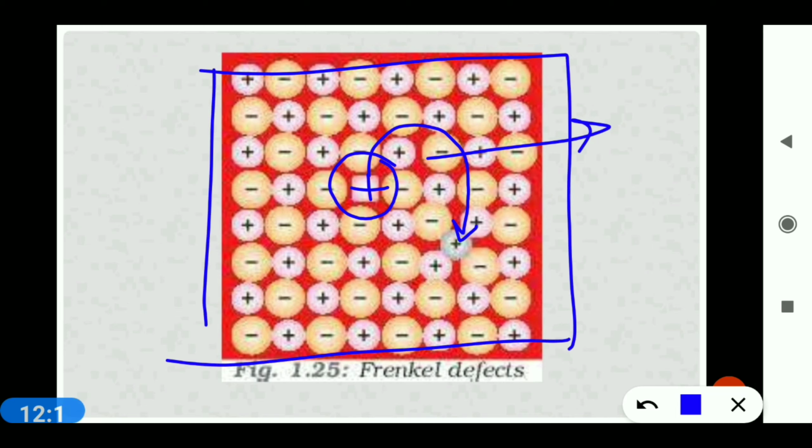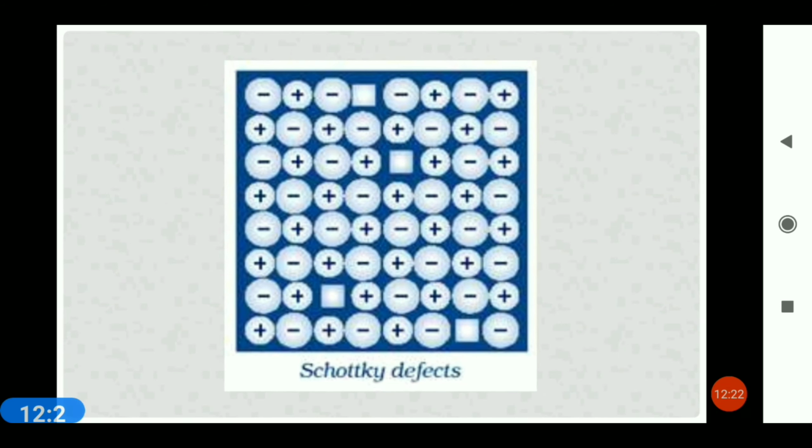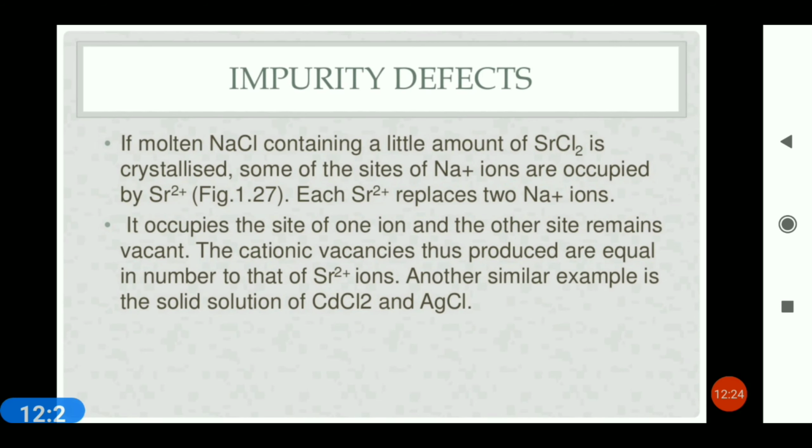That's why there is no change in density; the density remains the same. I hope Schottky and Frenkel defects are clear. They are very important and many times asked in exams. So stoichiometric defects are clear: they are classified into vacancy, interstitial, Schottky and Frenkel.